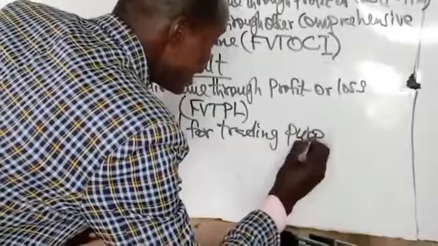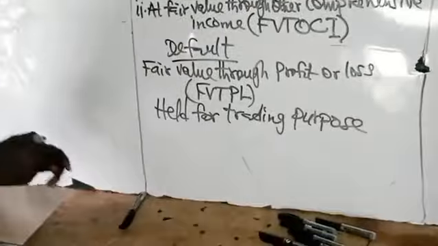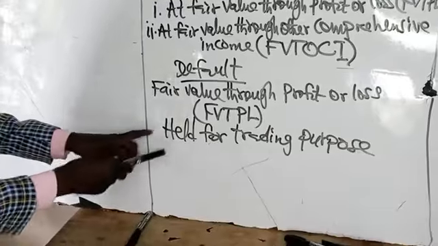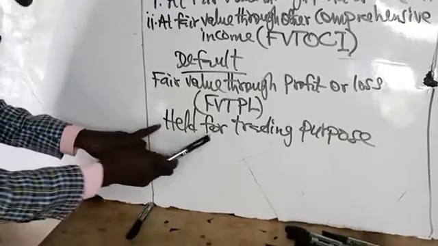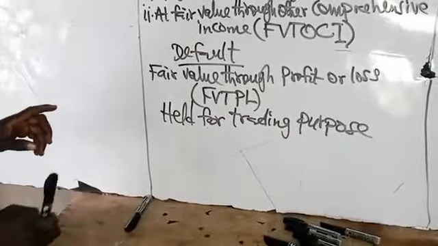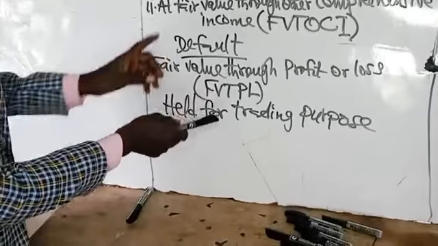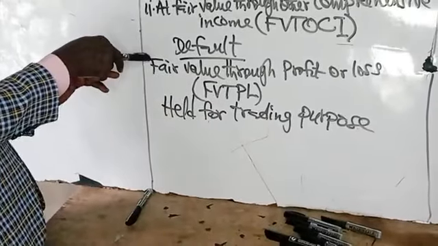If an investment is measured at fair value through profit or loss, that is to show that the investment is held for trading purpose. The fair value gain or loss of such investment will pass through profit or loss.